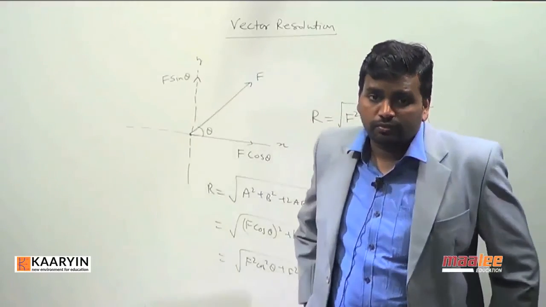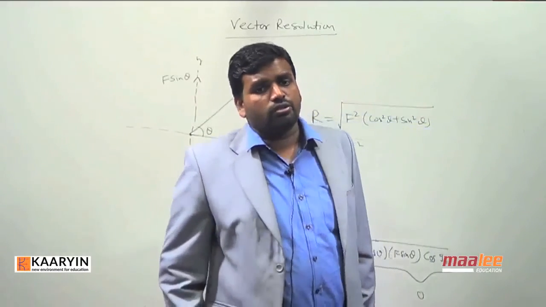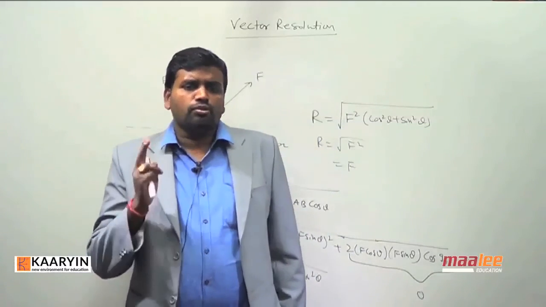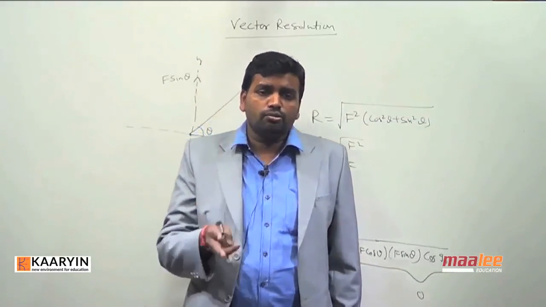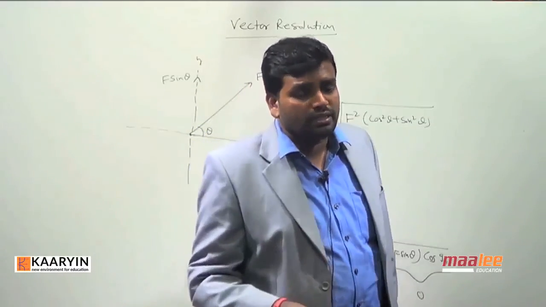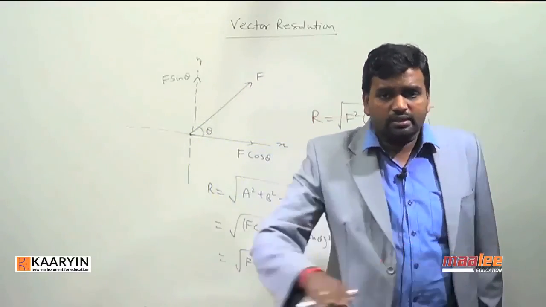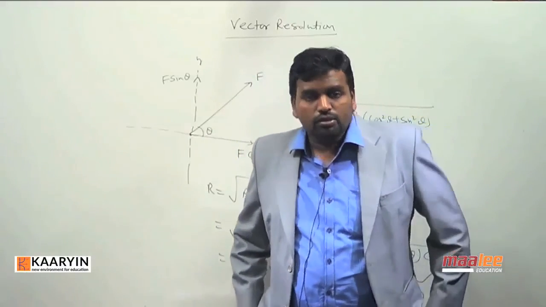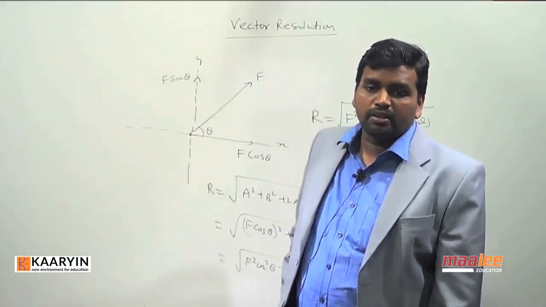So this is vector resolution, or resolution of a vector. Any vector quantity you can split up into two mutually perpendicular components, one along adjacent and one along vertical. So with this, the vector part is now finished.